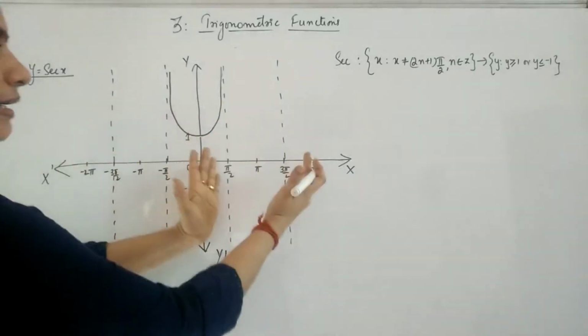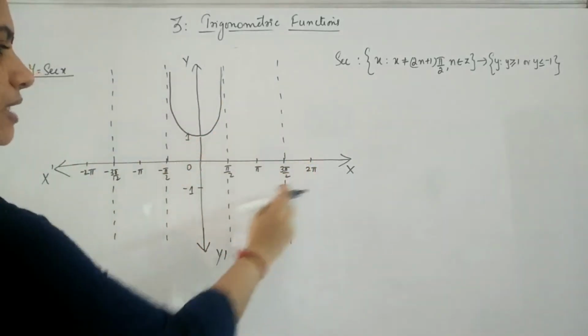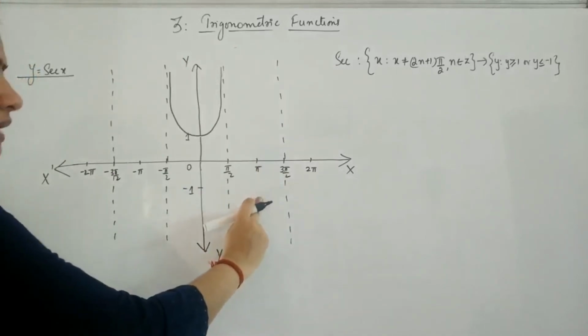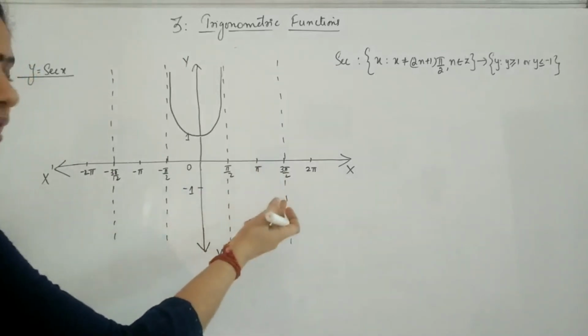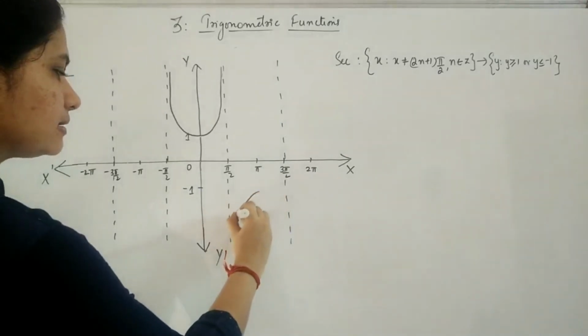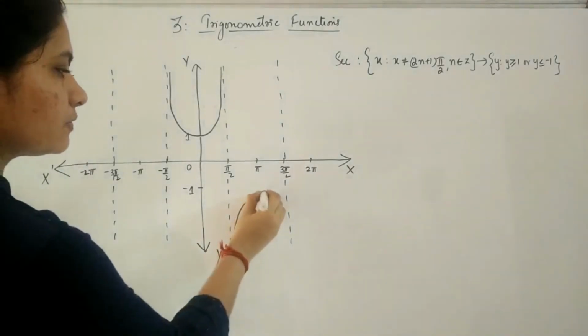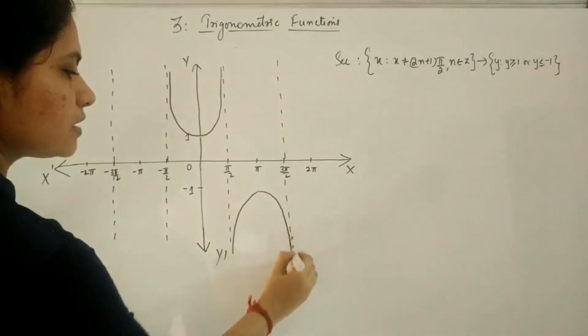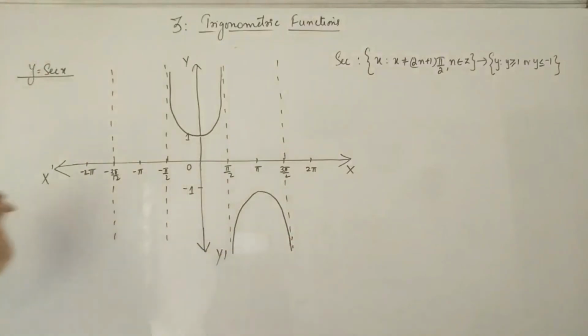Now again in another interval, that is pi by 2 to 3 pi by 2, here for your pi value, sec will have a negative 1 value because cos pi is also minus 1, so here you have a point, then it will go like this for negative, and it is just going to negative infinity. Okay, so this is the graph of sec.